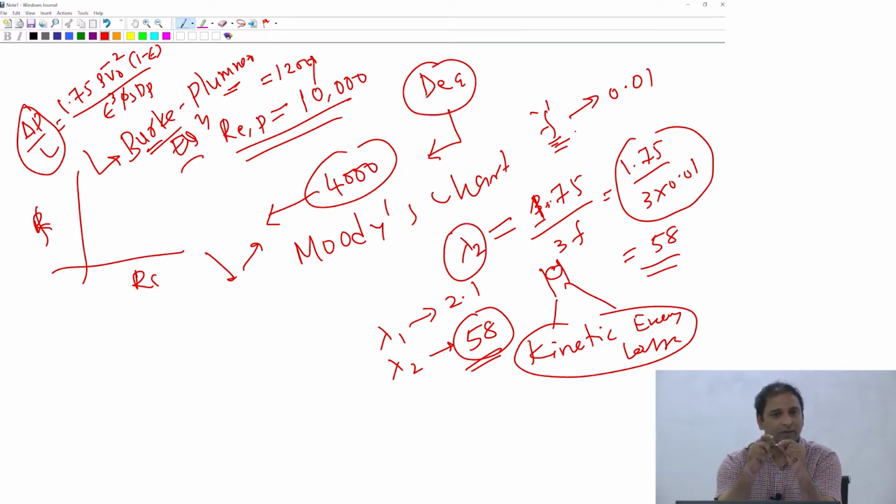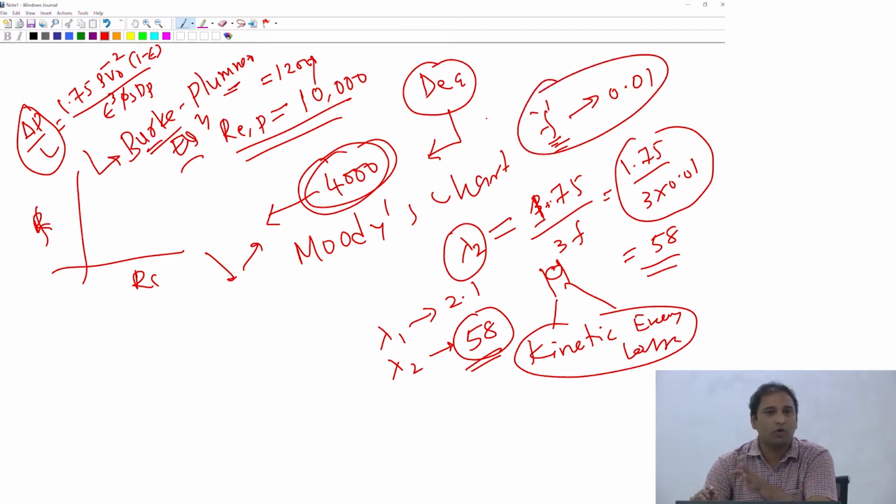From that, I go to the pipe concept and back calculate what the Reynolds number would be if the fluid at a similar condition would flow through the pipe, and that turns out to be about 4,000. I went to the Moody chart, and for that Reynolds number, it depends on your smoothness and so on, the typical value of f is about 0.01. That's how it was done.